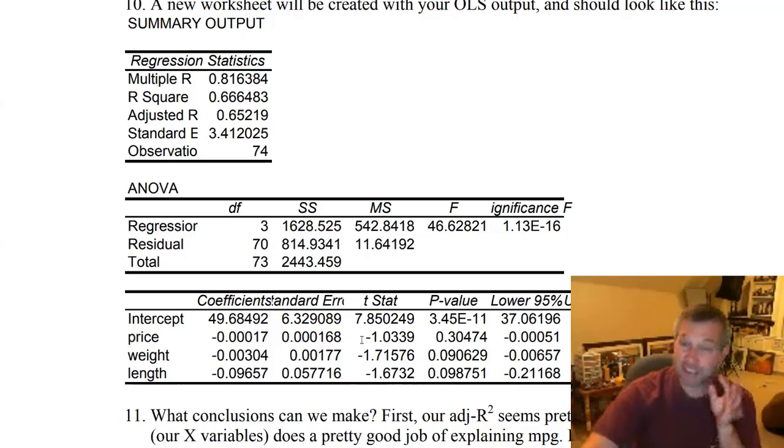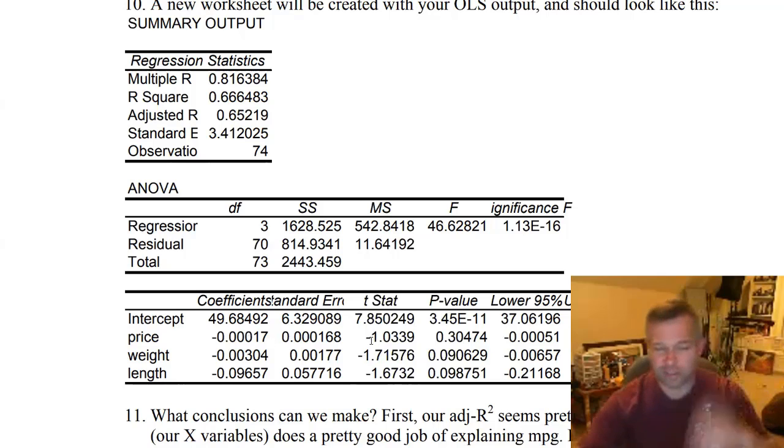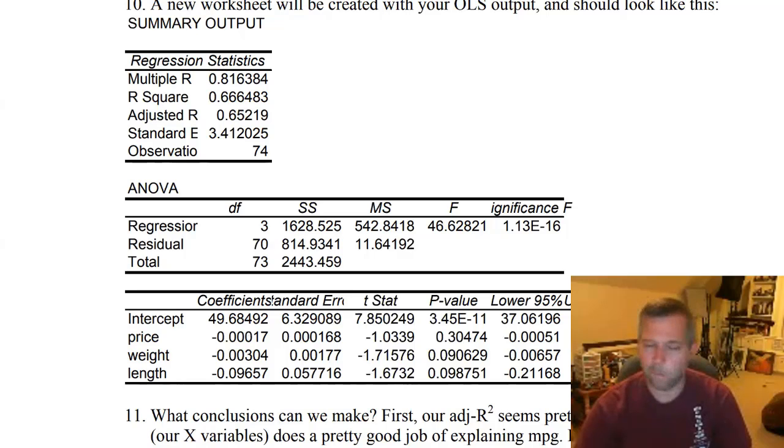If you're calculating these things on your own, then you would want to pay attention to that to make sure you're dividing the coefficient by the standard error. But if you're looking at Excel results and you see a negative sign in your t-stat, it's not a huge deal. What you're looking for is just the size of the absolute value of the t-statistic. So does that make more sense?